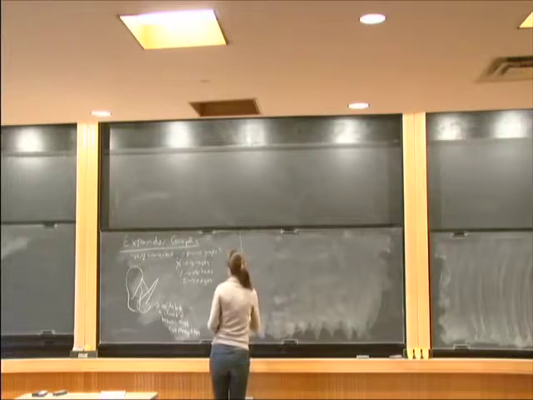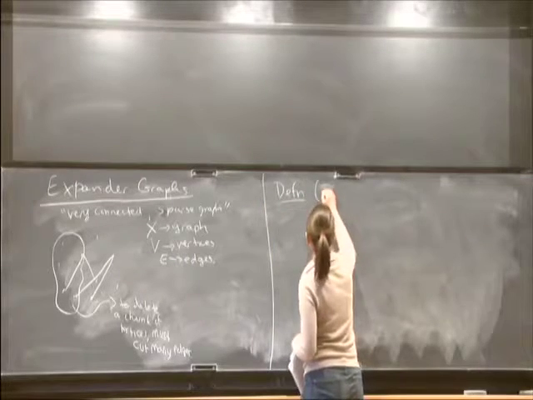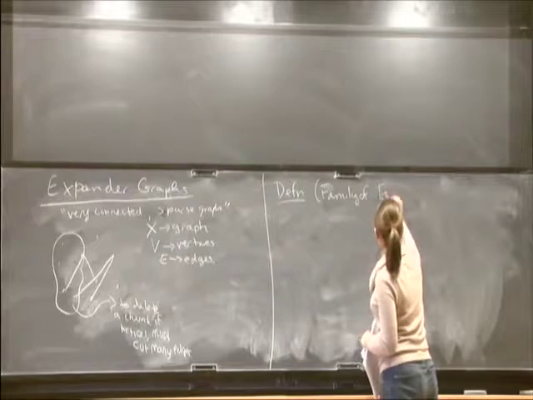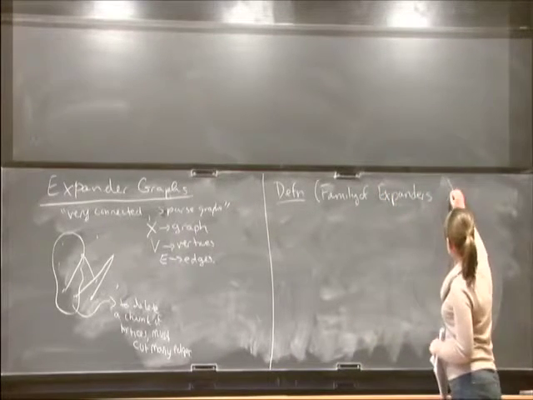Okay, so let me write up an actual definition of these things. So a family of expanders. So you have some family of graphs X_i.